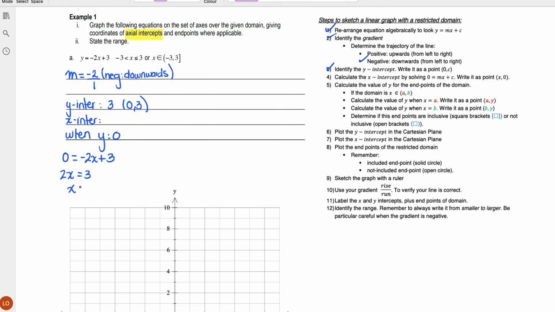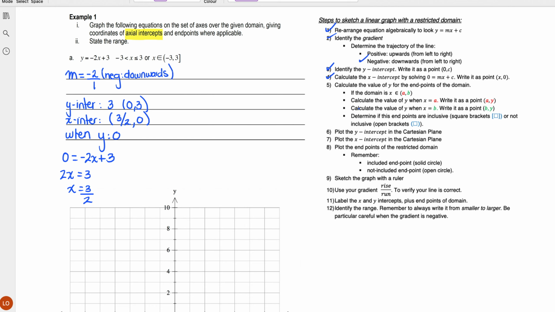Therefore, x is equal to 3 halves. And if I write that as a point, it's going to be (3/2, 0). Wonderful. So I have done this one.